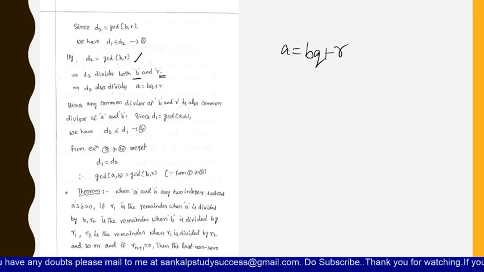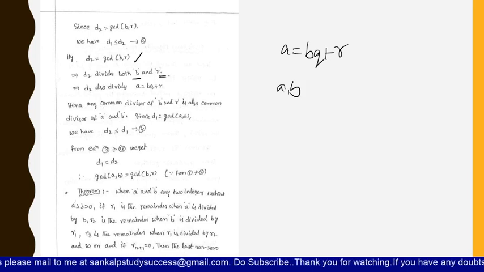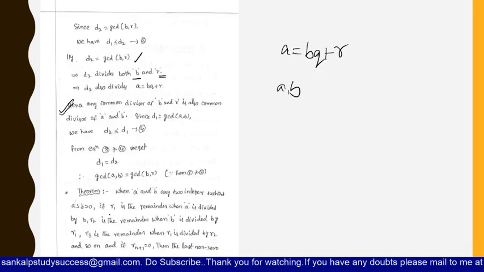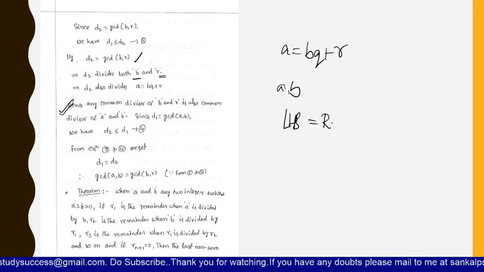So, if D2 is dividing B and R, then D2 will also divide A and B. That means any divisor of B and R will become a divisor of A and B. You can see that this statement and this statement are one and the same. That means LHS is becoming equal to RHS.